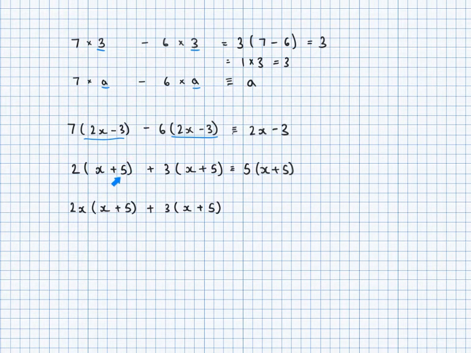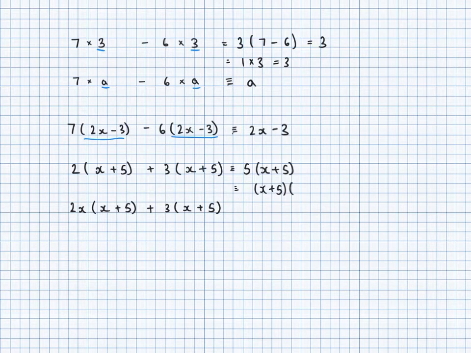Now also we can say x plus 5 is a factor of this expression that I have here, 2 times x plus 5. X plus 5 is also a factor of this expression that I have here, which is 3 times x plus 5. So x plus 5 can factorize here, like we factorized that 3 there. So here I could say that x plus 5 factorizes, and then I need to multiply the x plus 5 by 2, and I need to multiply the x plus 5 by 3.